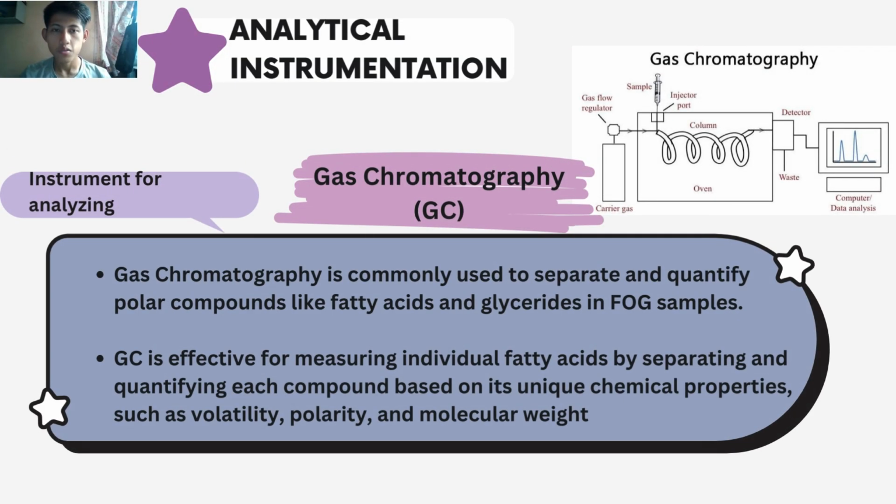Hello guys, I'm Solihin. To continue with the analytical instrumentation, at first we're going to start with gas chromatography. Gas chromatography, or GC, is an analytical technique used to separate and detect the chemical components of a sample mixture to determine the presence or absence and quantities.